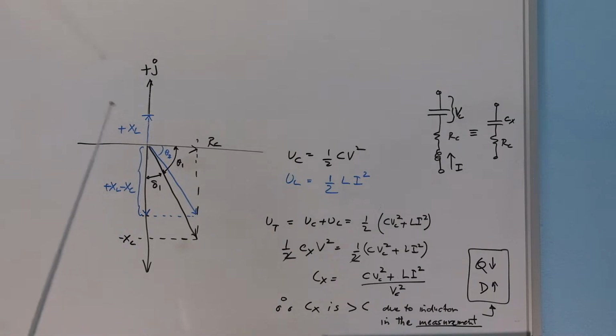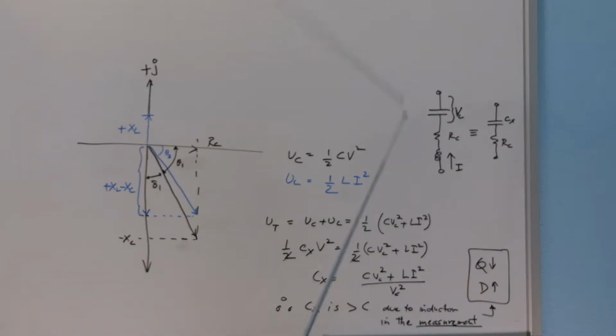So if you look at this non-ideal capacitor, we have UC, which is the energy in the capacitor, half C V squared, and the energy in the inductor is half L i squared. They are both positive numbers, so they will add and they will not cancel out any portion of each other. So the total energy is UC plus UL, which is happening when you have a sinusoidal input driving this capacitor.